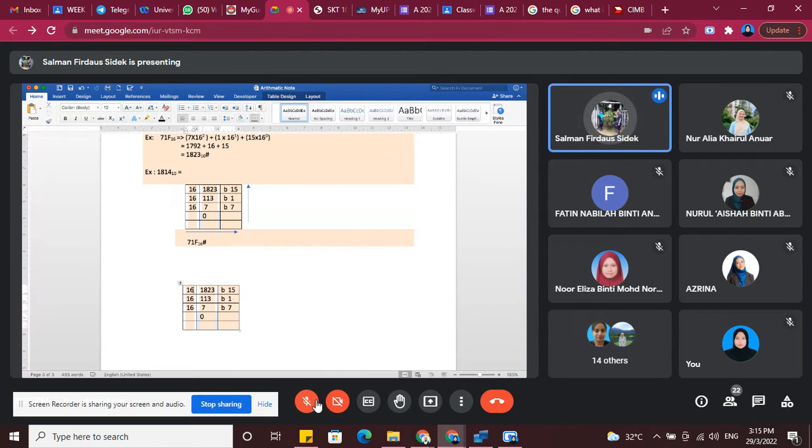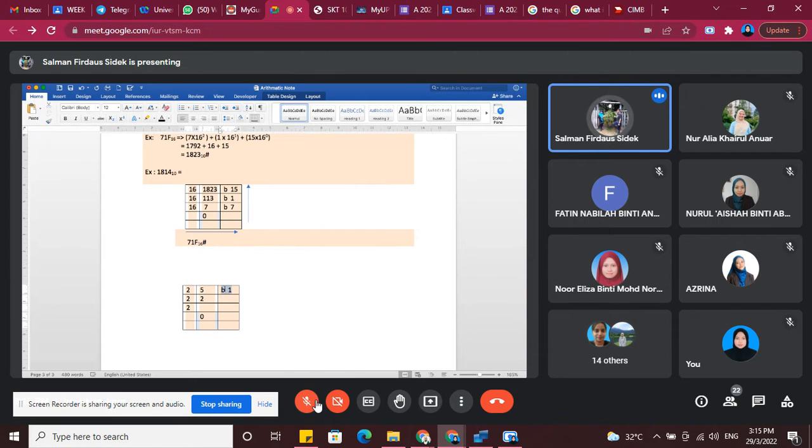Okay, katakan kita ada 2. Bahagi 2 paling mudah. 5 bahagi 2. 5 divided by 2, we got 2 kan. Balance 1. Ini kita padam. Okay. 5 divided by 2, we got 2, balance 1.